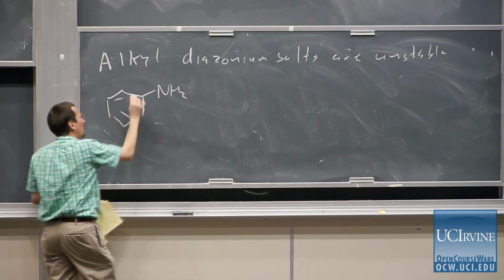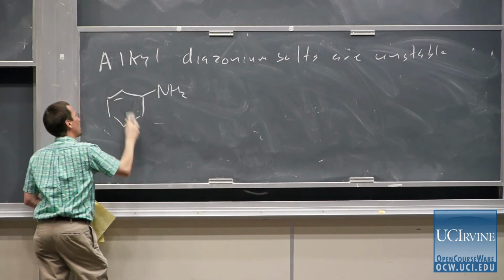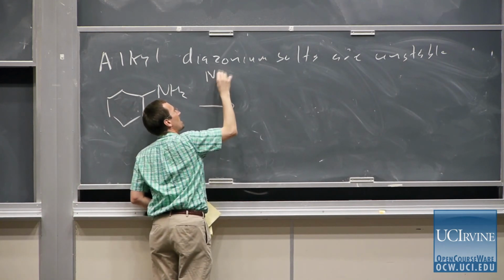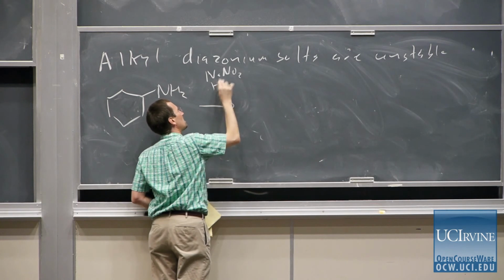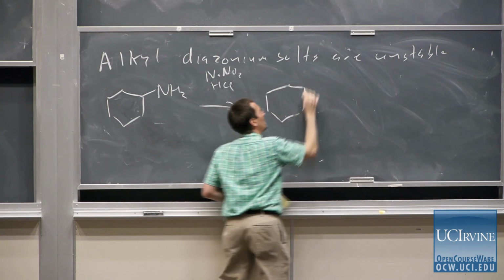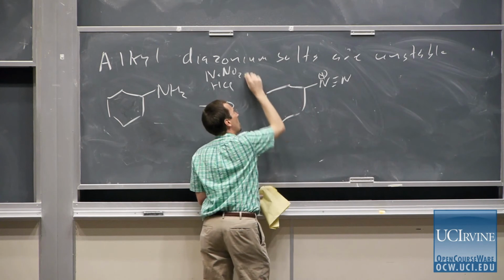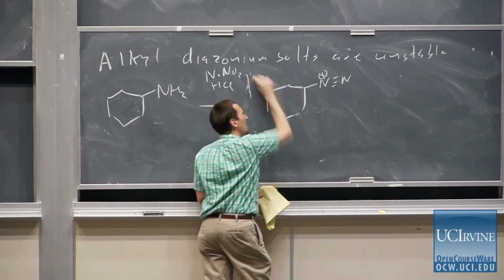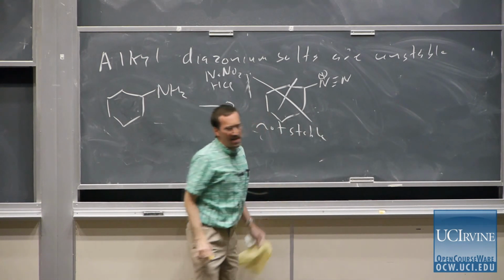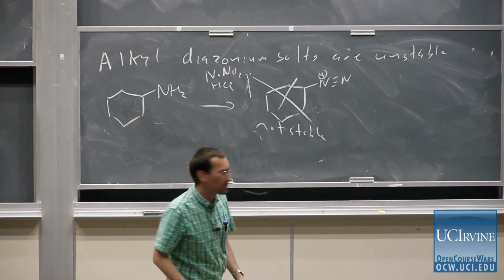So if I take, boy, I'm in a benzene mindset, if I take cyclohexylamine here, and I subject it to these same conditions, NaNO2, sodium nitrite, HCl, even if I keep it cold, the problem is you never really have any lifetime of the diazonium ion. So I'm going to go ahead and say not stable. It forms transiently, but it gets us into carbocation chemistry.